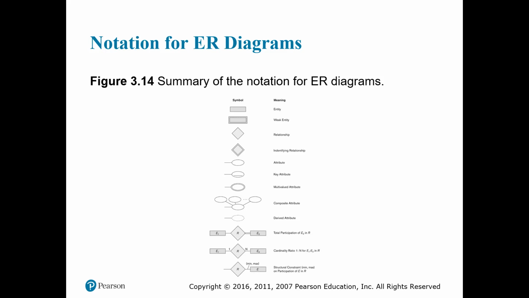If a column or an attribute is going to have more than one value in it, you draw two ovals. A composite attribute like address will be broken out into its own sub attributes. A derived attribute is something that you can pick up in your requirements analysis.